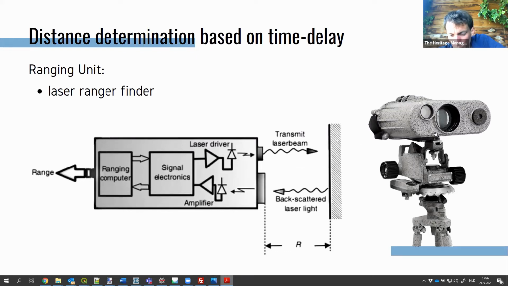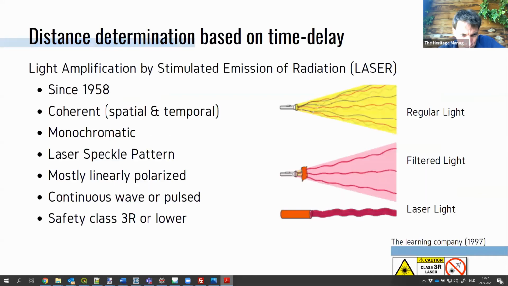When topographers started working with the first topographic distance measurement devices, you will find something like this. These are the old-fashioned laser range finders. And the same technique is also implemented in the handheld distance measurement devices that you can buy in construction shops.